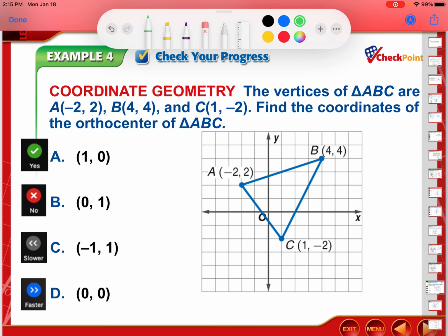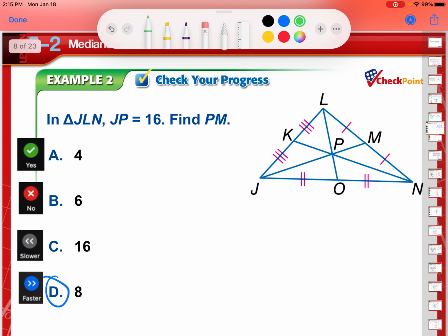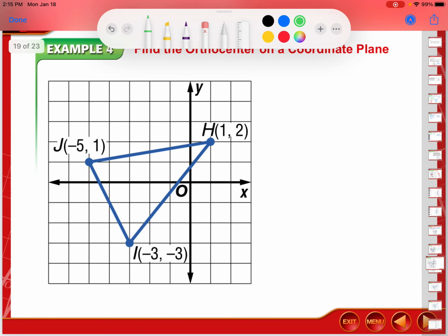So our slope on this one, we'd go up 6, right 3. So that'd be a slope of 2. So it would be negative 1/2.